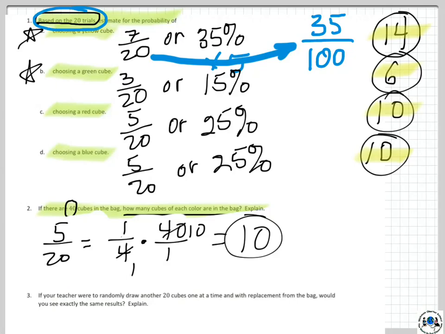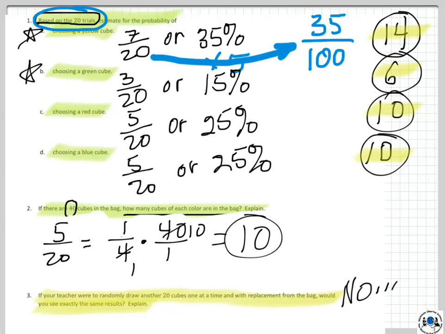Down at the bottom it says, if your teacher were to randomly draw another 20 cubes, one at a time and with replacement for the bag, would you see exactly the same results? Explain why. Well, you'd have to know that the answer would be no, and of course we have actually seen that, since I have already done 2 trials.